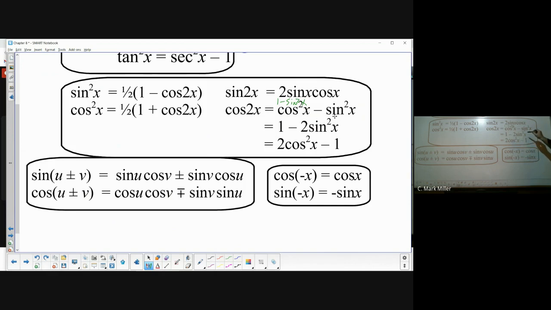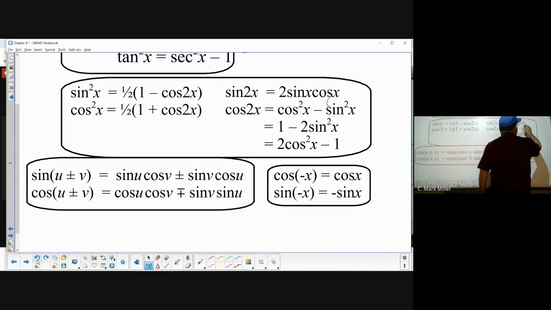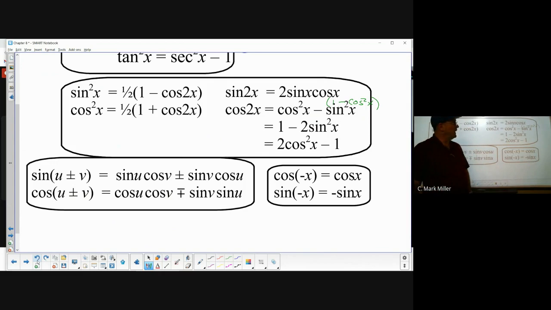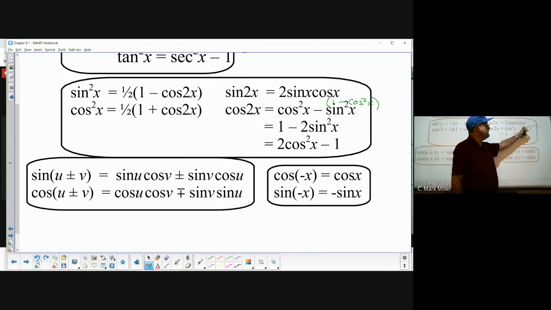Sometimes this is the more convenient one to use right here. I would never use this one here. Why? Because for that one, you need cosine and sine. For either one of these, you just need one or the other, cosine or sine. So here, if sine squared is 1 minus cosine squared x, well, you have cosine squared minus, minus cosine squared.